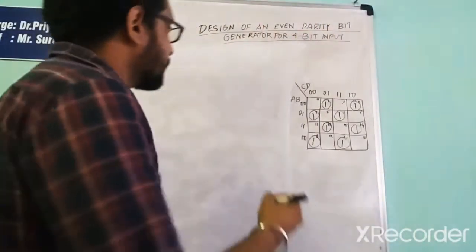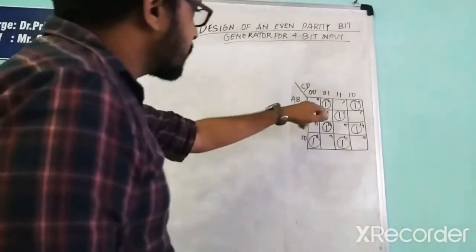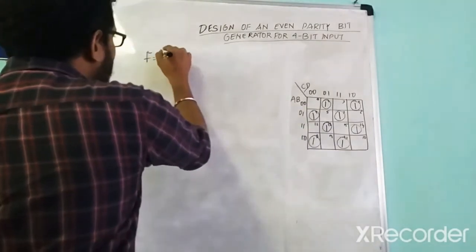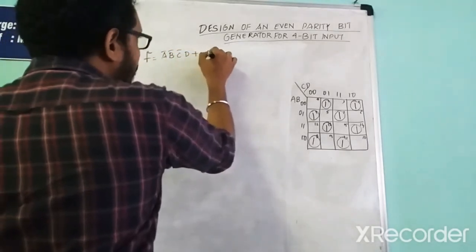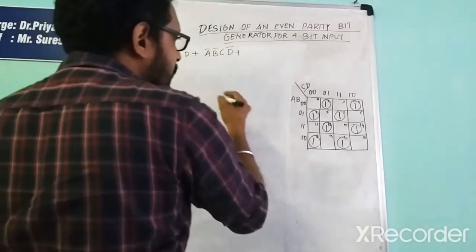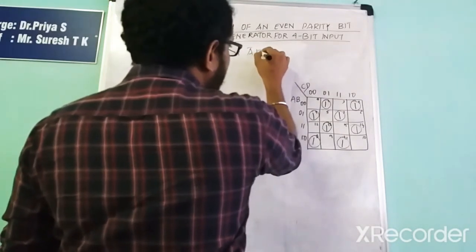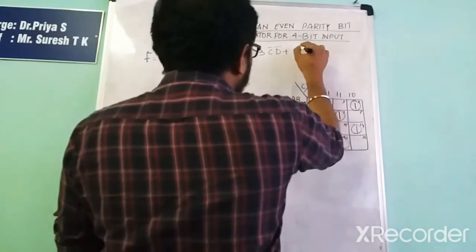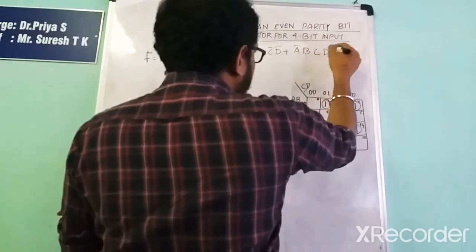Next is solving. We have f is equal to a bar b bar c bar d plus a bar b bar c d bar plus a bar b c bar d bar plus a bar b c d.